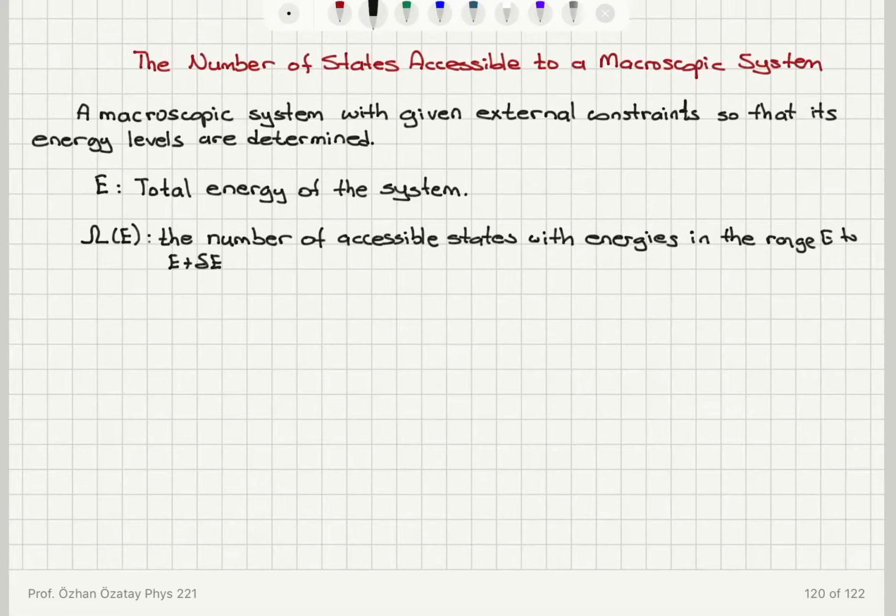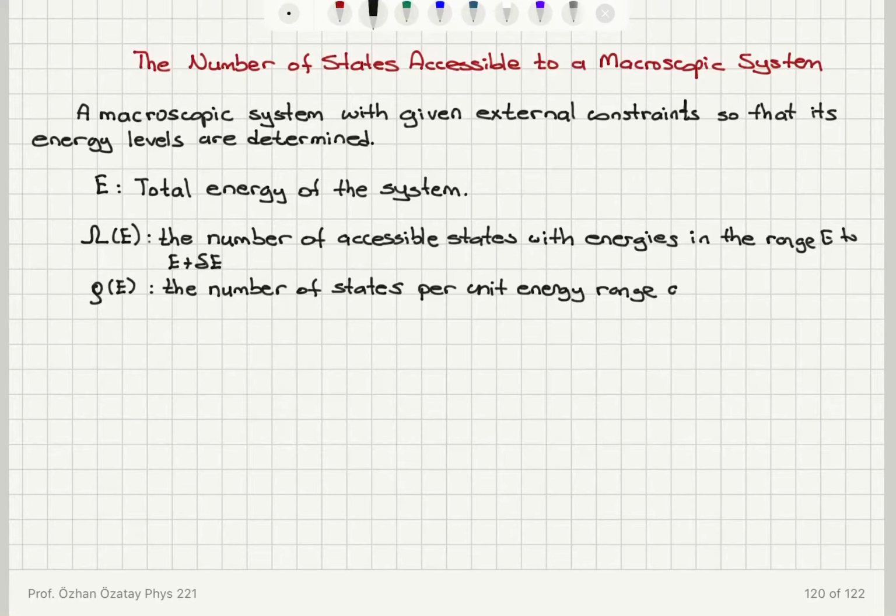And we call rho as a function of E the number of states you can have per unit energy range. And this is something that changes as a function of energy.